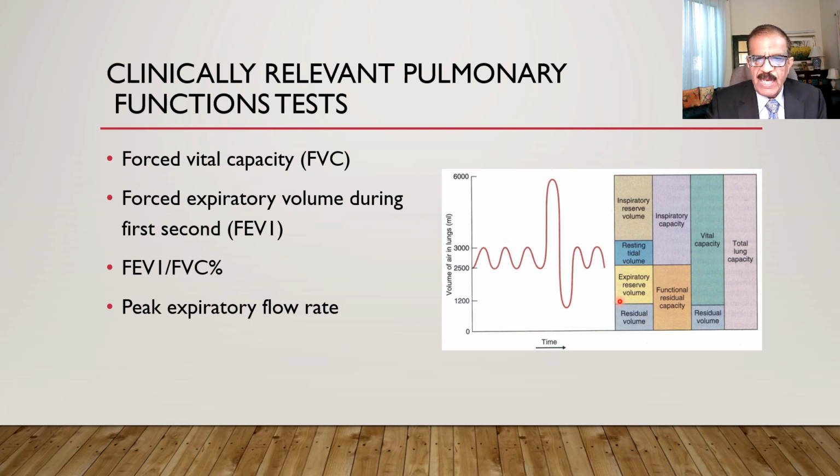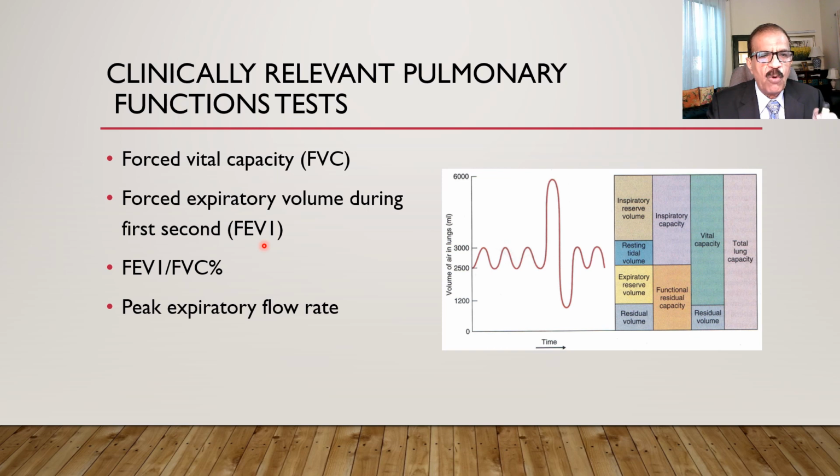Now this is the same, but this time I am talking about certain terms that we use in the clinical setting. Forced vital capacity, I have already explained. Forced expiratory volume during the first second is another parameter. In obstructive airway disease, it is the first second.